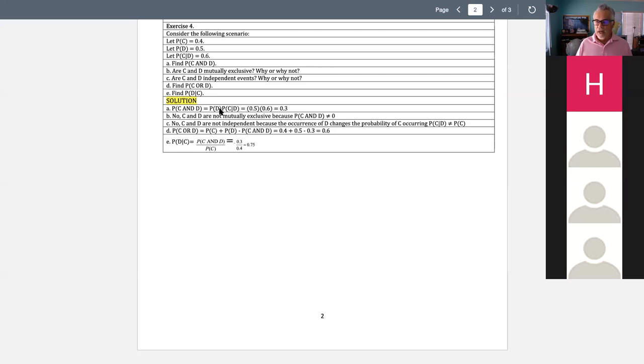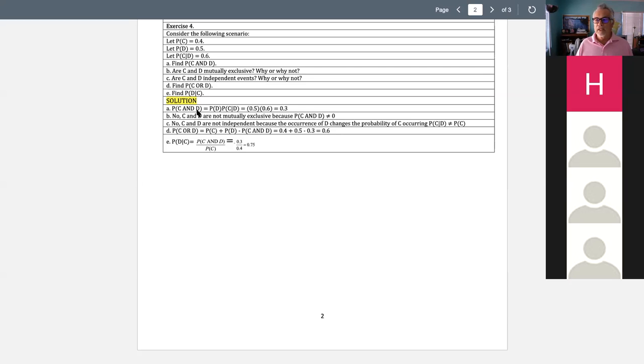Probability of D is given to be 0.5, and the probability of C given D is given to be 0.6. When we multiply these two probabilities together, we get 0.3. So the probability of the joint occurrence of C and D under this scenario is 3/10. Remember that if two events are mutually exclusive, then the probability of their intersection would be 0. But this is not the case with C and D.